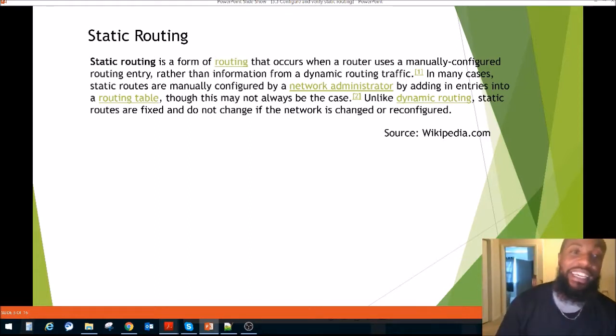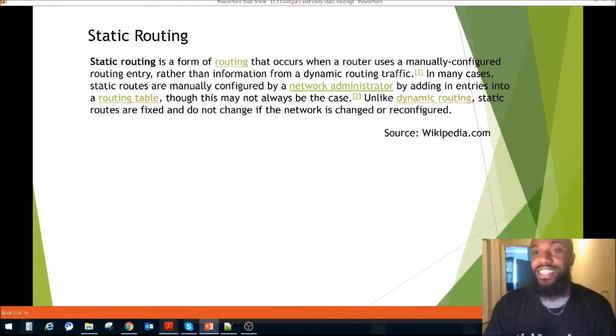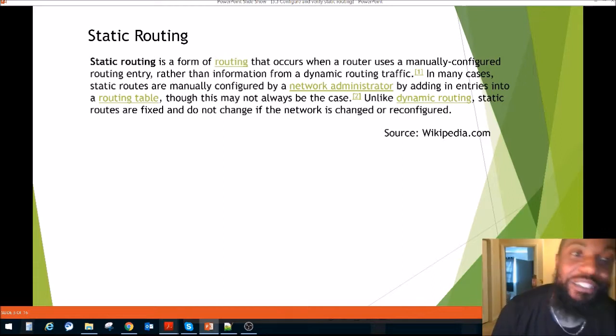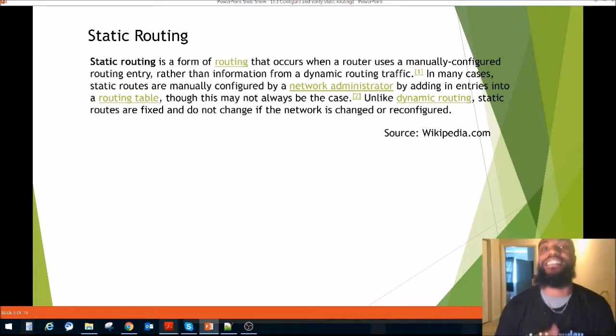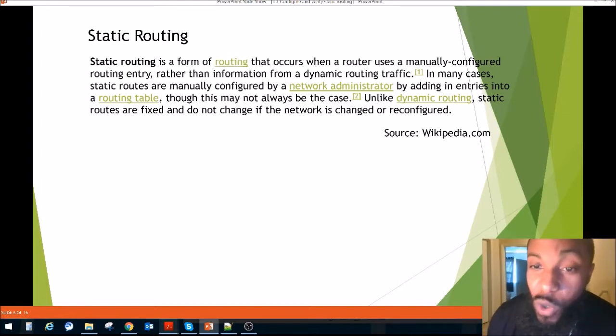In many cases, static routes, yes, I know, I still like Wikipedia, are manually configured by a network administrator by adding entries into a routing table, though this may not always be the case. Unlike dynamic routing, my girlfriend, static routes are fixed and do not change if the network is changed or reconfigured.